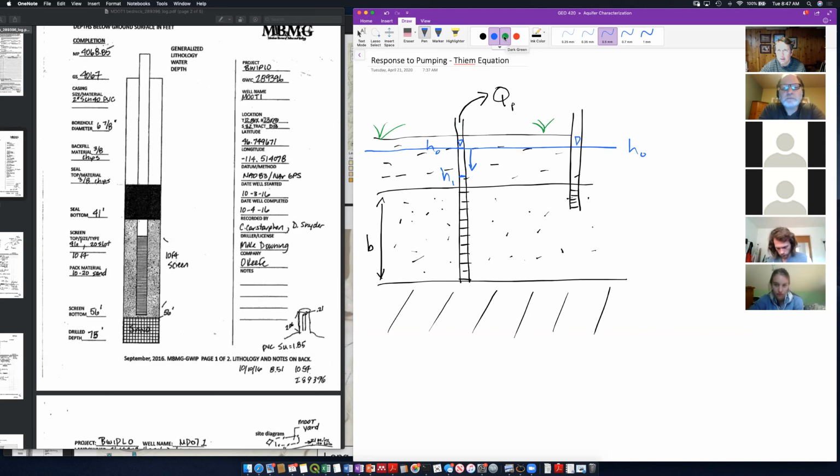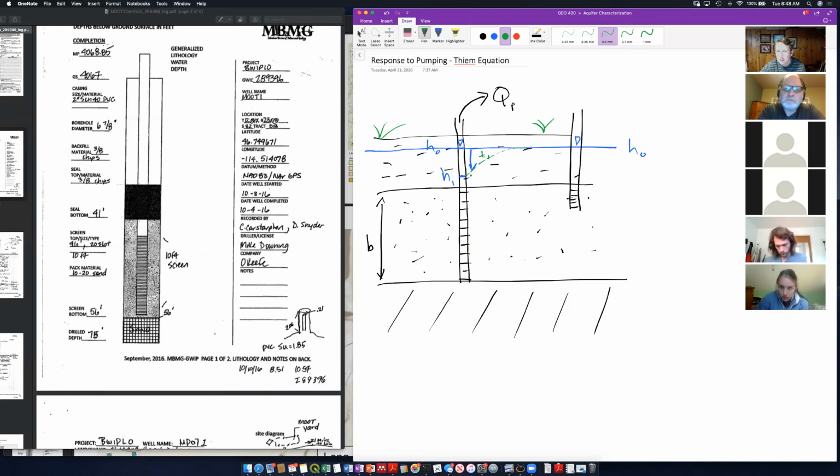All right. I start pumping, the water level in my well drops, and then this water level drop will propagate away from my well with time. So this would be, say, time 1.